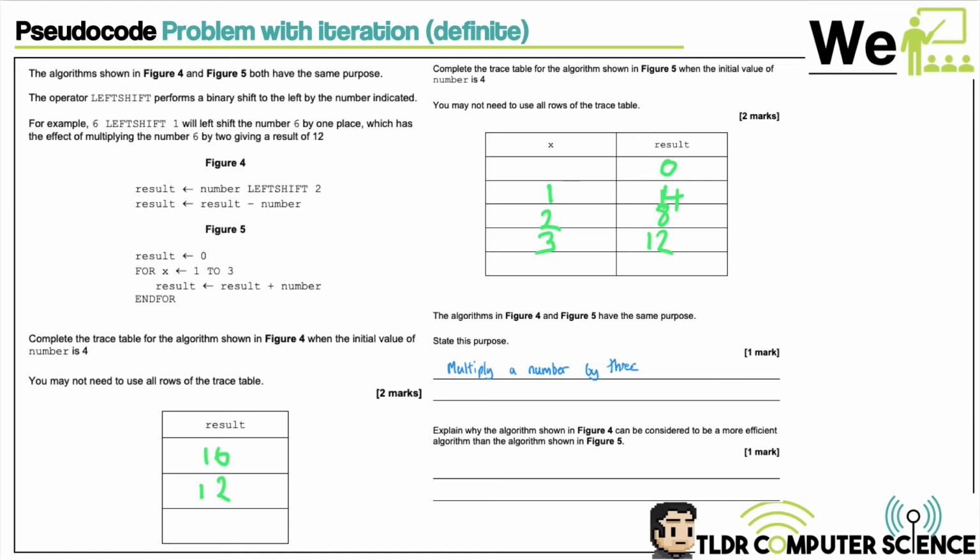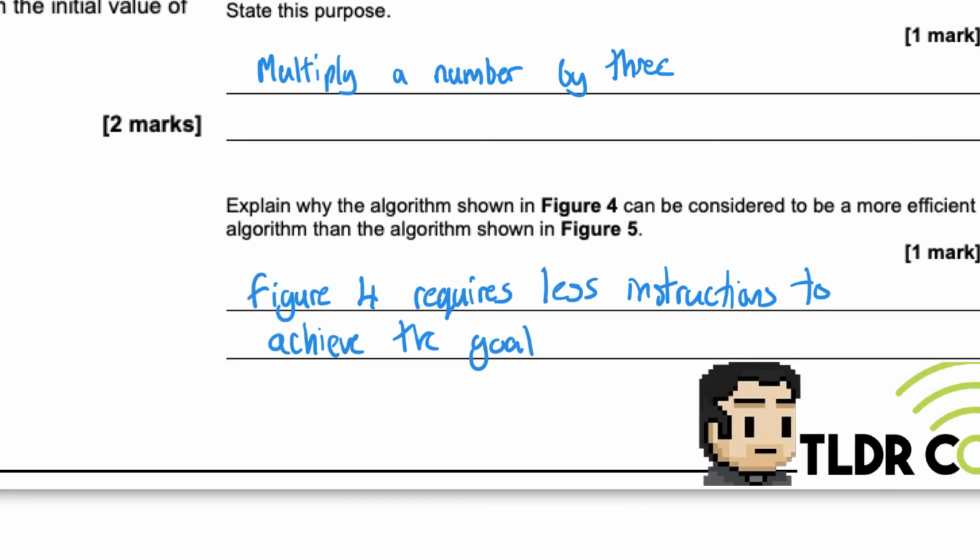So you see here, it takes more instructions to find the answer using figure 5. So what's the answer? We write it out now. Remember with an algorithm, the definition was a set of instructions to achieve a goal. Figure 4 requires less instructions to achieve the goal, and therefore is more efficient.